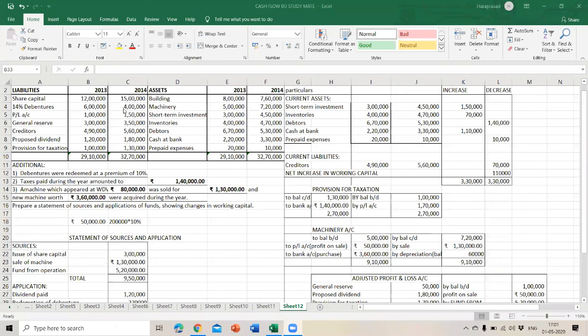So 6 lakhs minus 4 lakhs is how much? 2 lakh rupees. So 2 lakh rupees we need to give for the debentures. For that 2 lakh rupees, we are giving a premium. So 20,000 rupees is the premium. So I have written the premium amount. Okay. So redemption of debenture, premium amount 20,000 rupees I have written.